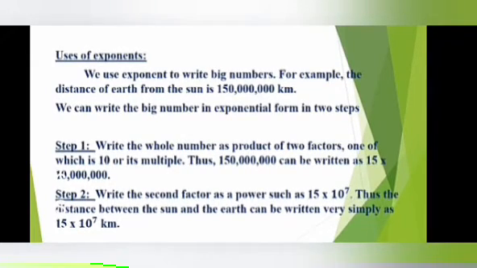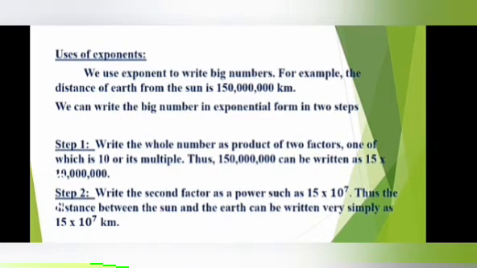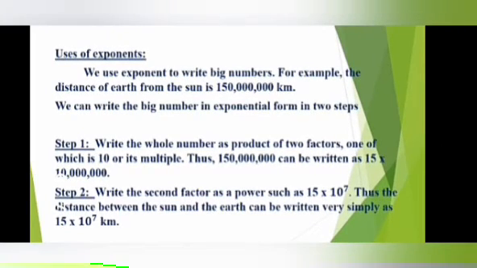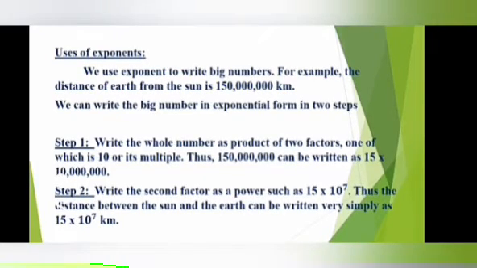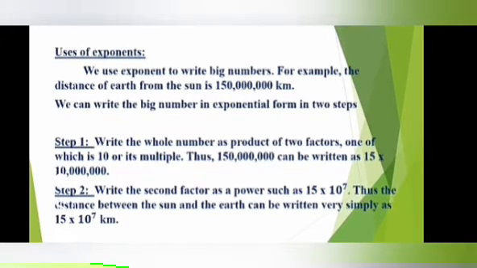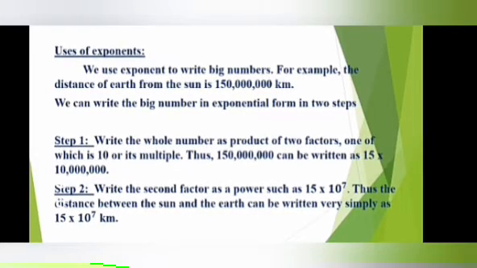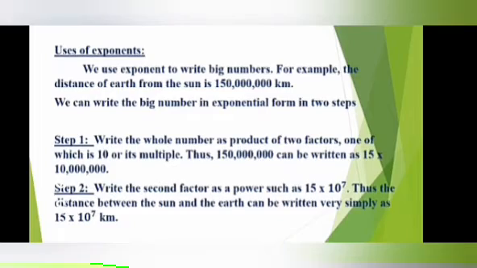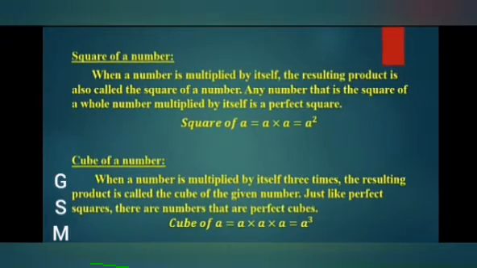Thus, 15 million can be written as 15 into 10 million. Step 2: write the second factor as a power, 15 into 10 to the power 7. Thus, the distance between the Earth and the Sun can be written very simply as 15 into 10 to the power 7 kilometers.